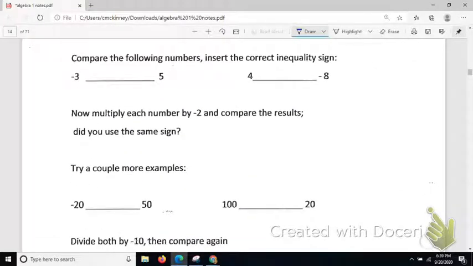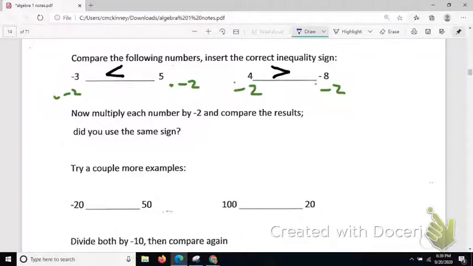Well, let's try a couple things. If I'm comparing these two numbers, -3 and 5, I think we can all agree that -3 is less than 5, and that 4 is greater than -8. Now, what if we multiplied each of these numbers by -2? You know, like doing the same thing on both sides.